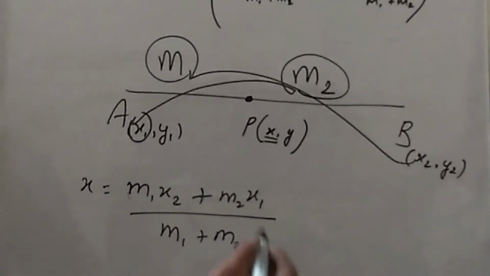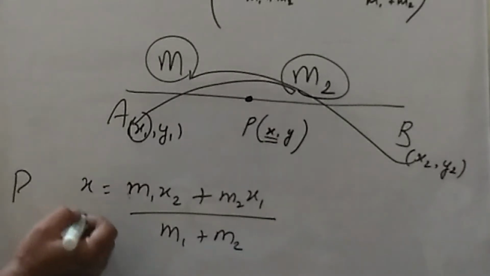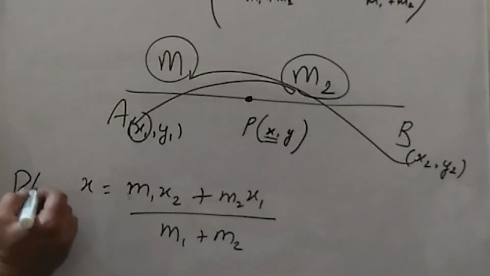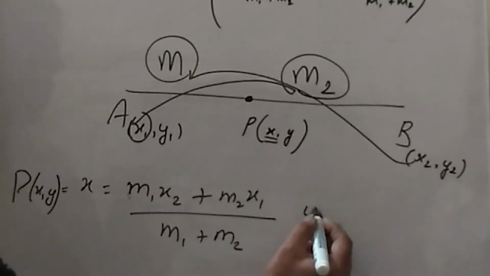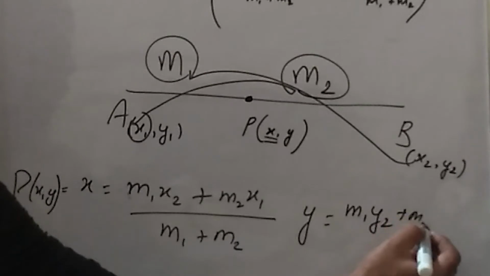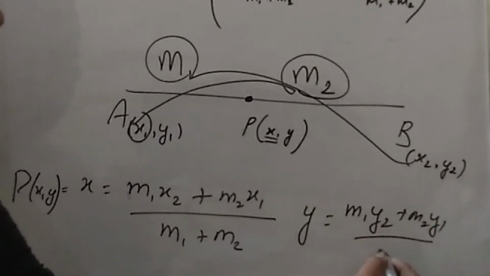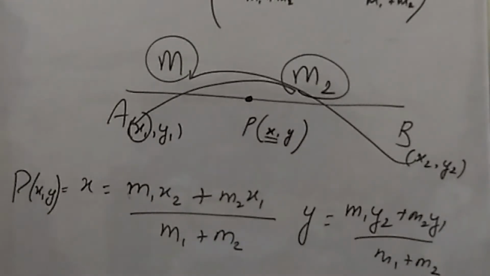Same way, here you write point P. For x you got it. A point has x and y, no? For x you got this, then y: m1 y2 plus m2 y1 upon m1 plus m2.